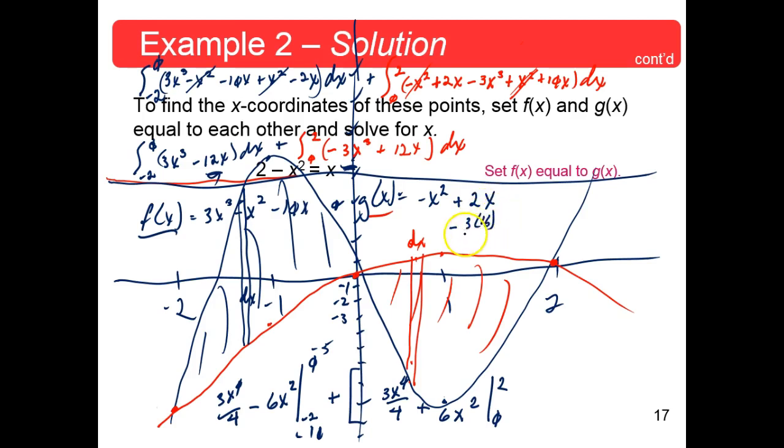Okay, over 4. Then you have the minus, because it's the lower limit of a minus here, that's going to be a plus. And then we'll plug in negative 2 squared, which is 4, and 4 times 6 is 24. Got it?